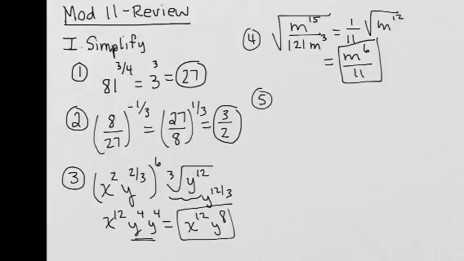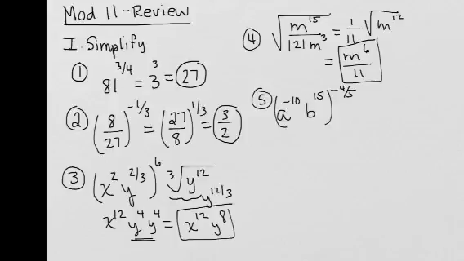Let's see. You have to be able to simplify. We already did something like that. Simplify a to the negative 10, b to the 15, and we're going to raise it to the negative 4/5.